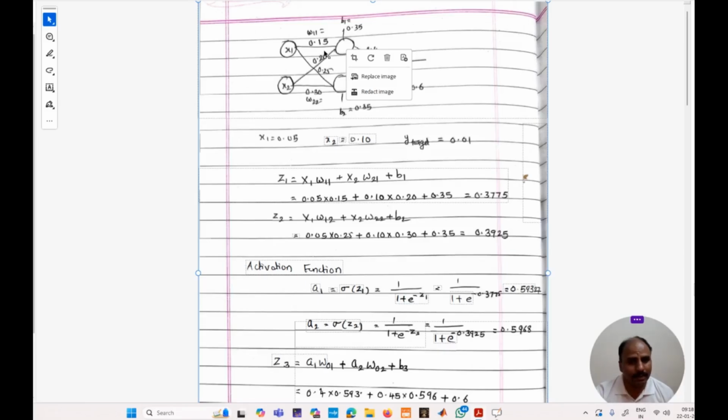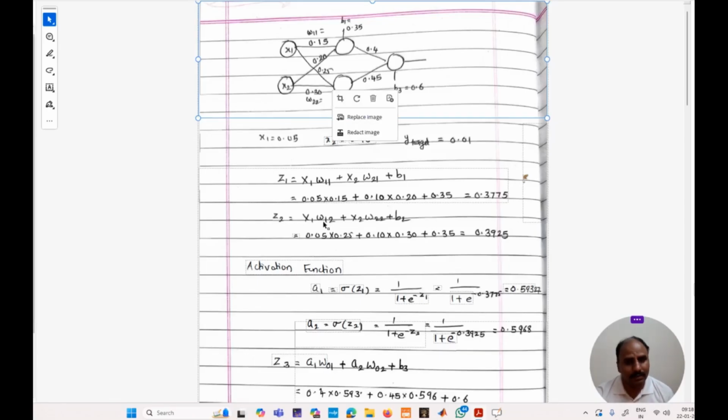After substituting the values, 0.05 multiplied with 0.15 and so on, we obtain 0.3775. Likewise z2 is x1 w12 plus x2 w22 plus b2. The value obtained is 0.3925.